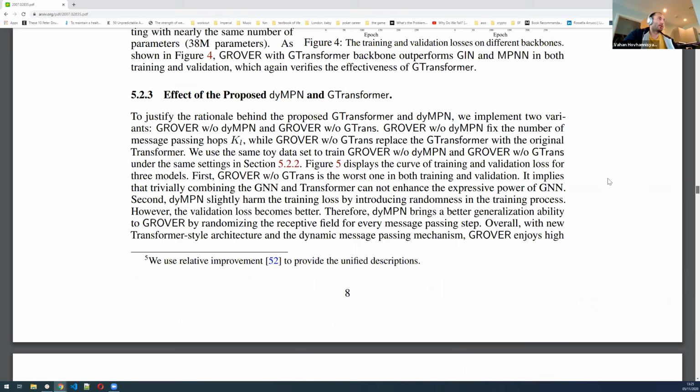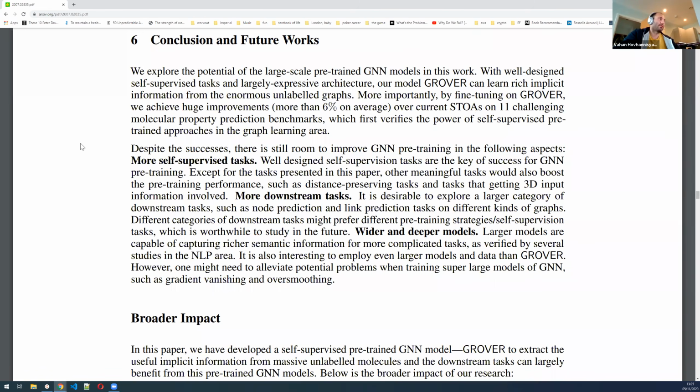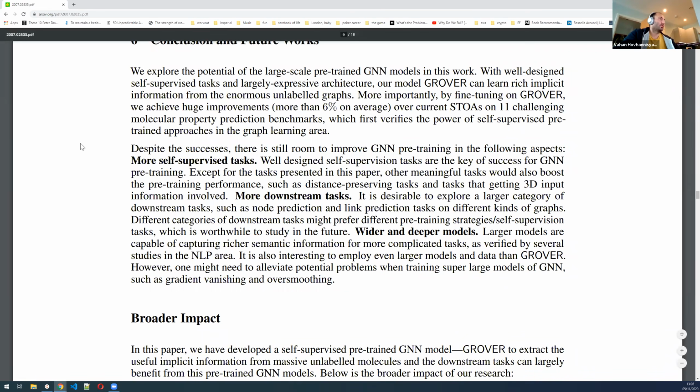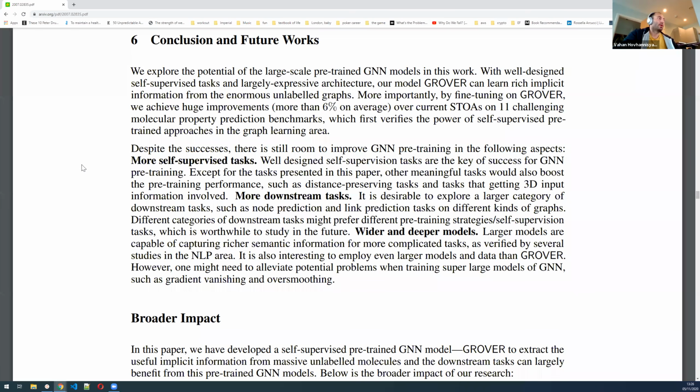Right. I guess, as a relevant point in the conclusions, they do mention that designing better pre-training self-supervised tasks will be a next step for future research, because this might be the first, well, second attempt to do that, right?